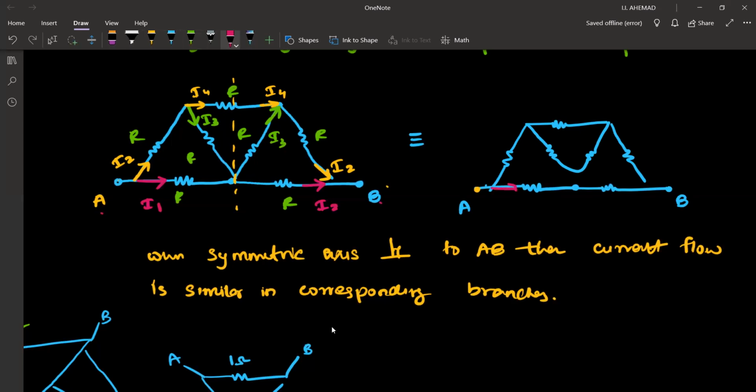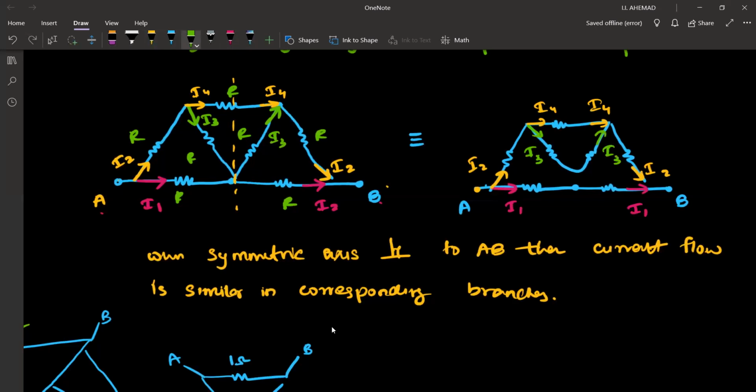Okay, so here the current is I1. Here also it's I1. So here it's I2. Here it's I2. This is I3, sorry, I4, and here also it's I4. And here it's I3, and here it's I3.